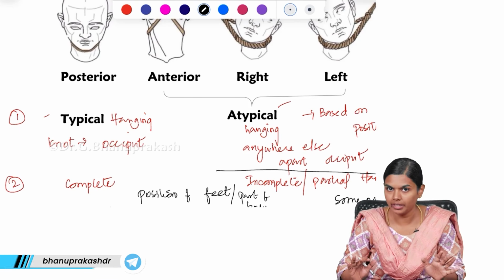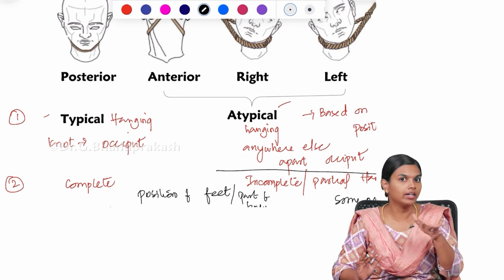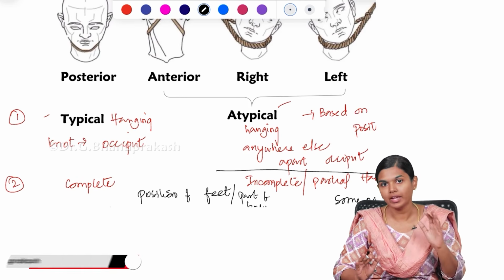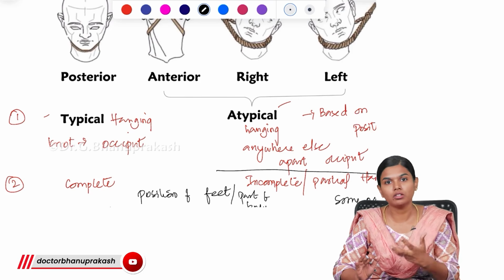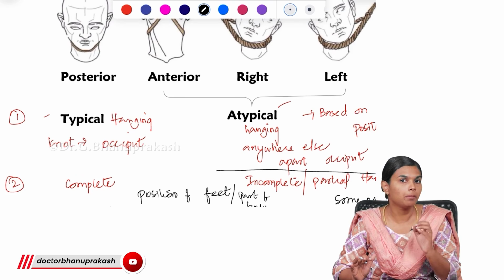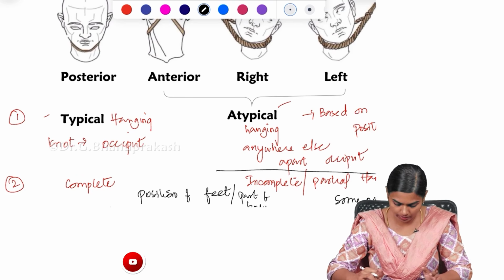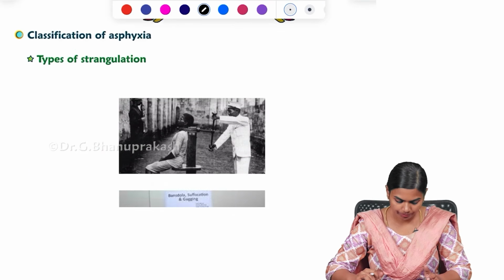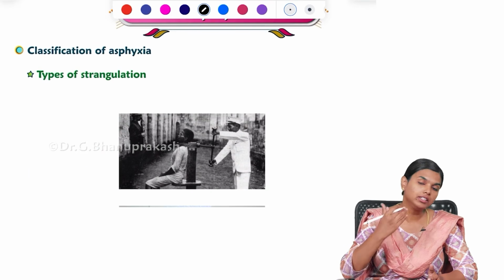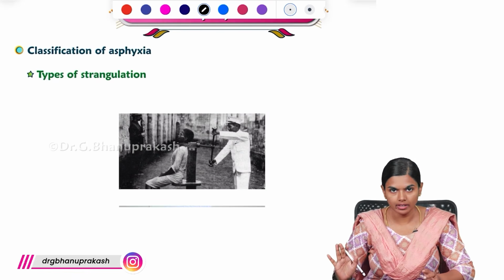In case of complete hanging, the whole body will be above the level of the ground and will not be touching the ground. If any part of the body touches the ground, we call it incomplete or partial hanging. So this is the type of hanging we mainly deal with. Apart from that, we have other types based upon the manner, which we will see separately later on.